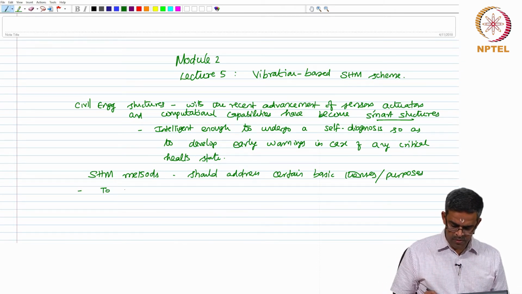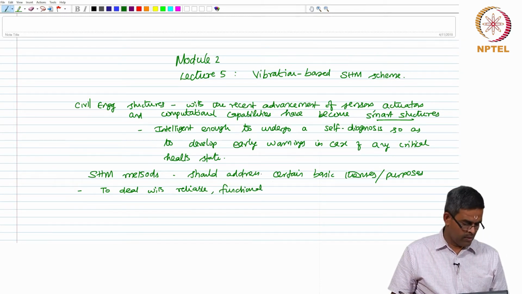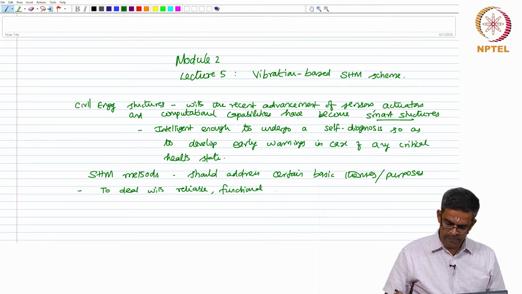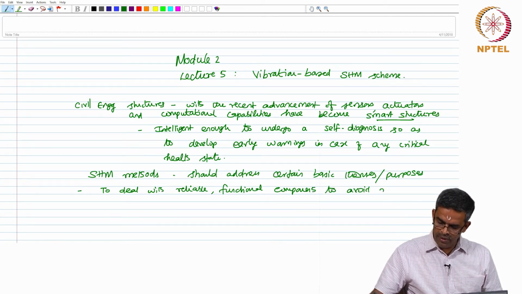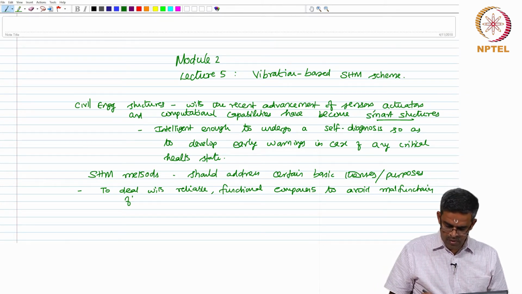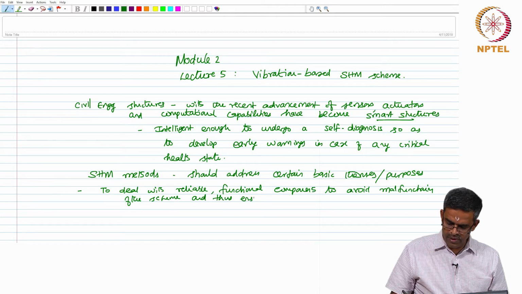It should deal with reliable, functional components to avoid malfunctioning of the system or the scheme, and thus ensure public safety.